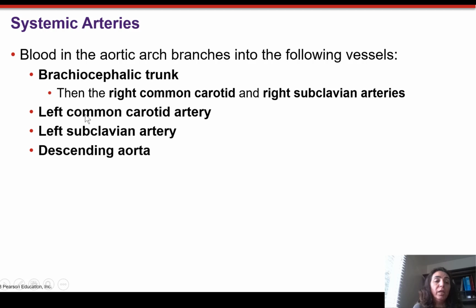Then after the brachiocephalic trunk, we have two more branches of the aortic arch. The middle one is the left common carotid artery, and the most left one is the left subclavian artery. The left common carotid artery goes straight up toward the left side of the head and neck, including the brain, right?